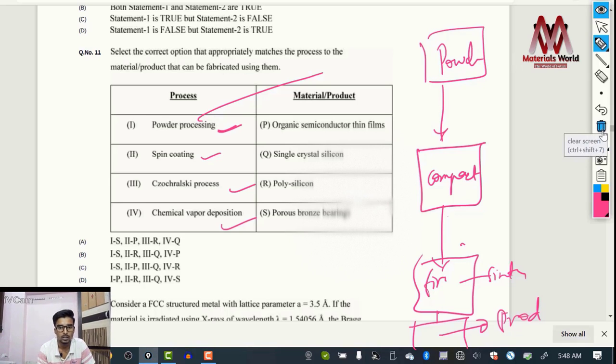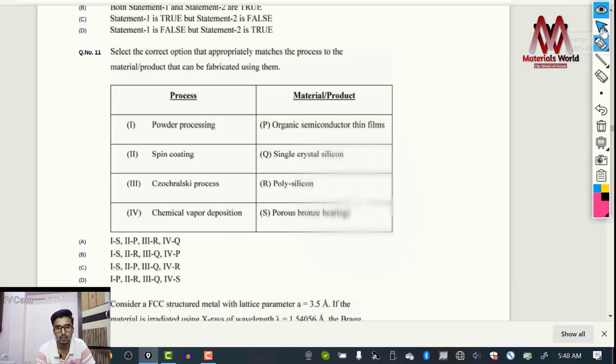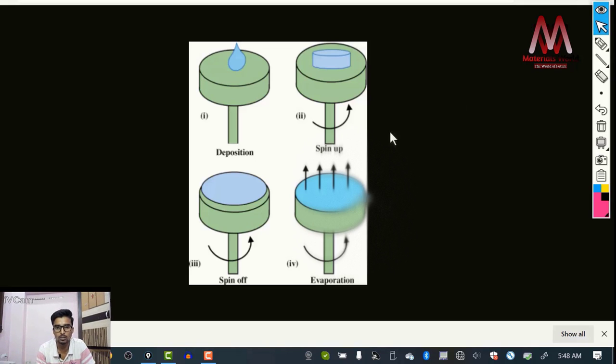And spin coating is something like this. I think I have one image for it. Yes, here it is. In spin coating, we put some resin or organic semiconductor, anything, here. After putting it, we start rotating it, step 2, rotating around the rotational axis.